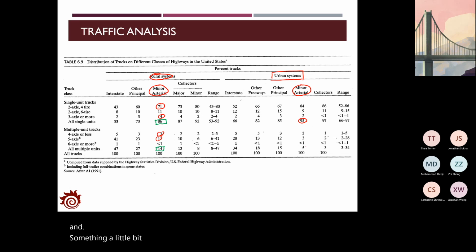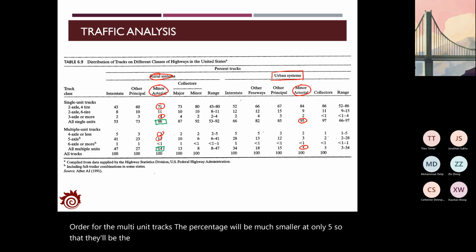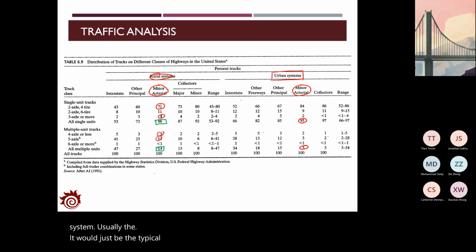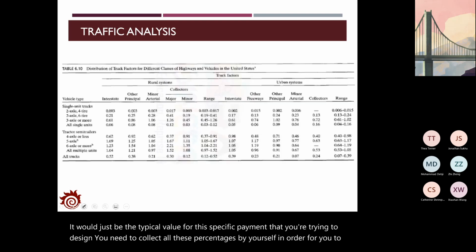But for the multi-unit trucks, the percentage will be much smaller, only 5%. So that will be the difference between the rural and the urban systems. This will just be the typical value. For the specific pavement that you're trying to design, you need to collect all these percentages yourself in order to calculate the truck factor.